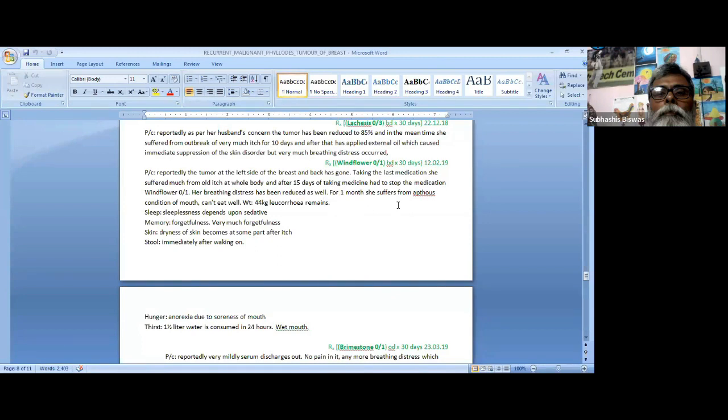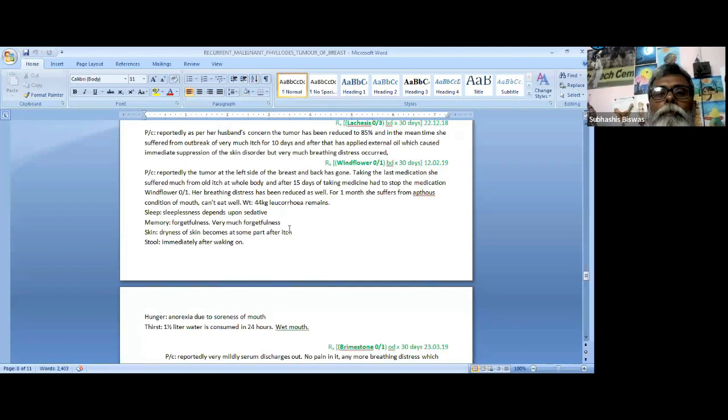For 1 month, she suffered from an abscess condition of the mouth, can't eat well. Weight started at 45 kg, it reduced to 44 kg, leukorrhea is there. Sleeplessness depends upon sedative, very much forgetfulness. Actually, her skin was smooth that time, but after 15 days of wind flower, the skin becomes dry, and stool immediately.